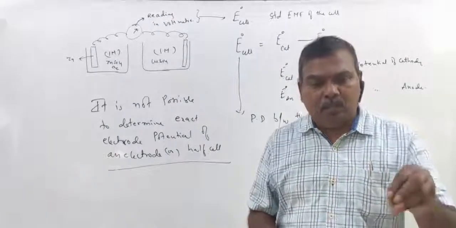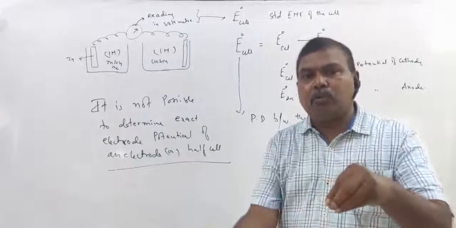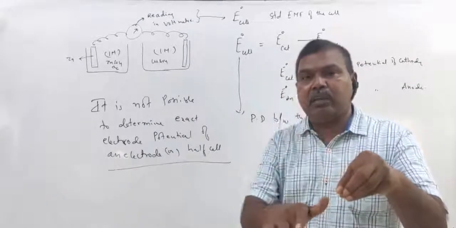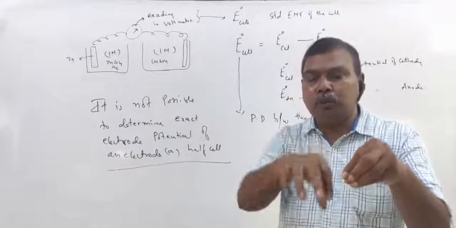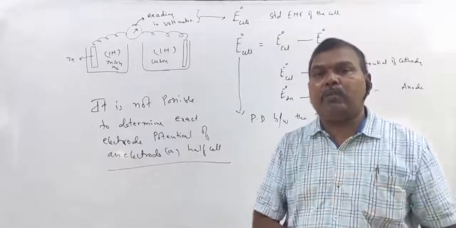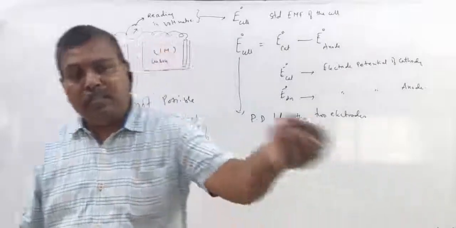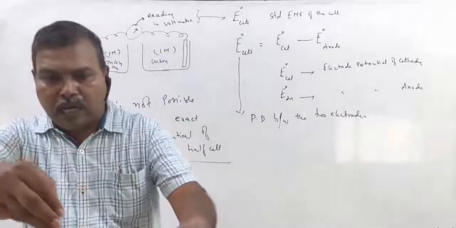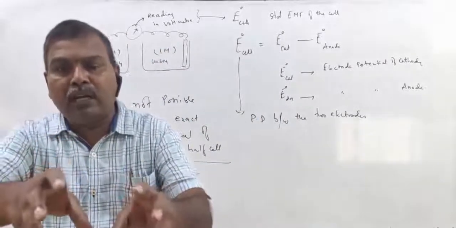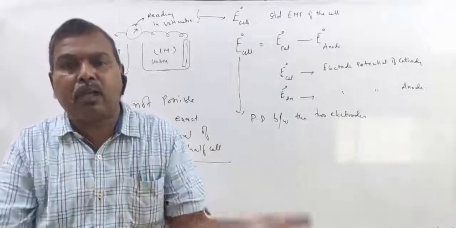What is an electrode? Any element in contact with its ions, and a potential is developed. So there is no device to determine the single electrode potential value. So we have an option: if this electrode is connected to another electrode, then we will get the potential difference between the two electrodes only.